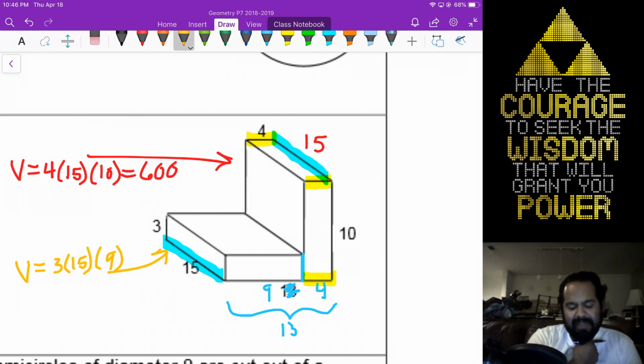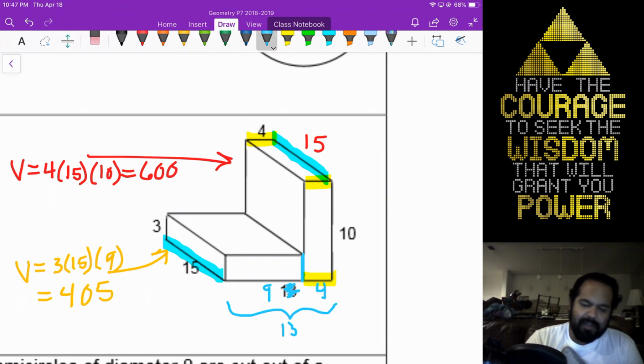Now, quick mental maths, trying to do this without hurting my brain. 15 times 3 is 45. 45 times 10 would have been 450, but we're taking away one of those 45s. 450 minus 45, so 405.